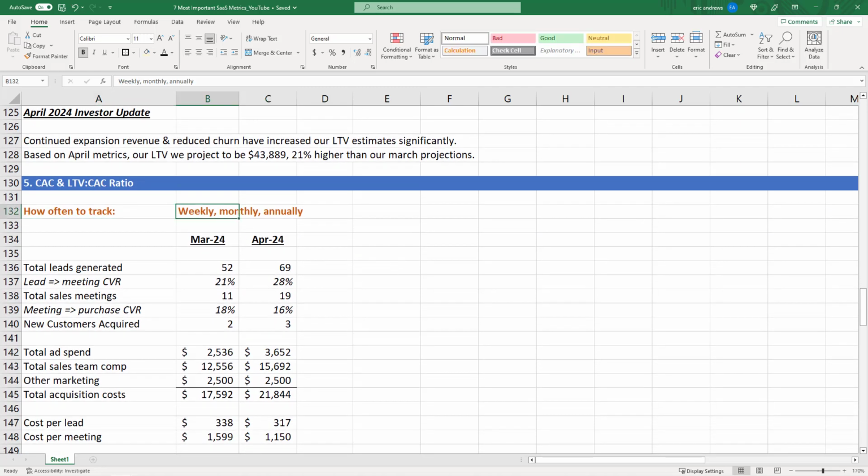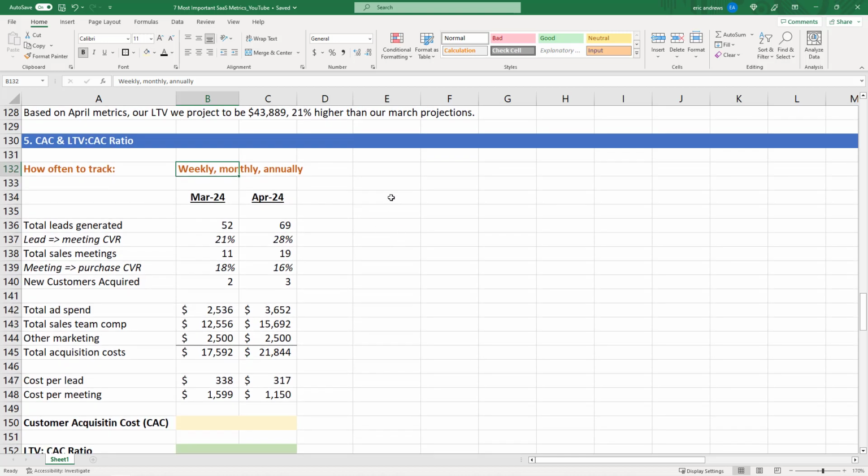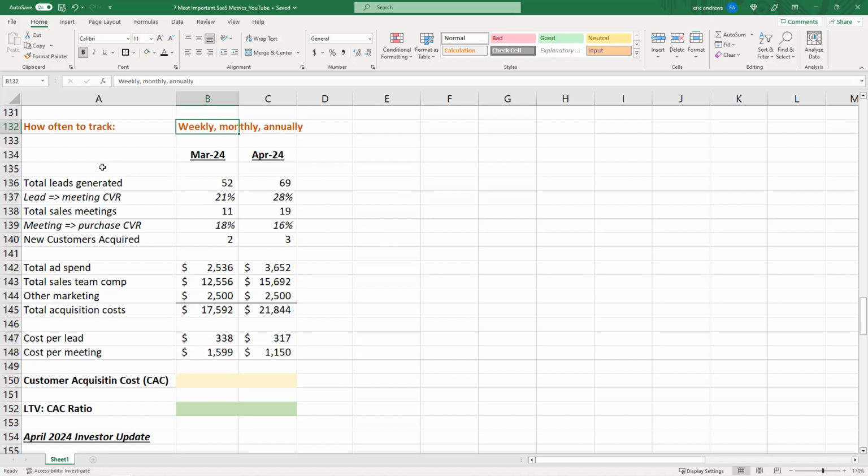So CAC and LTV ratio. Okay, so this CAC is oversimplified. If you have a really good CRM, you'll have better data than this, but I'm mostly doing this as a demonstration to show you how to calculate LTV to CAC. So here's some data. We're saying that leads generated were 52, 69.